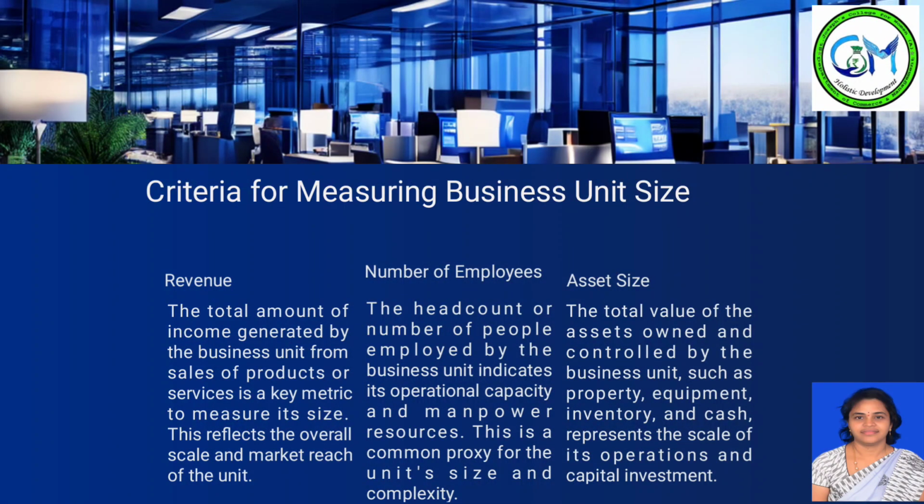And asset size, the total value of the assets owned and controlled by the business unit, such as property, equipment, inventory, and cash, represents the scale of its operations and capital investments. If you manage all the resources in a proper, optimizing manner, you can achieve a better position in and sustain in the market.